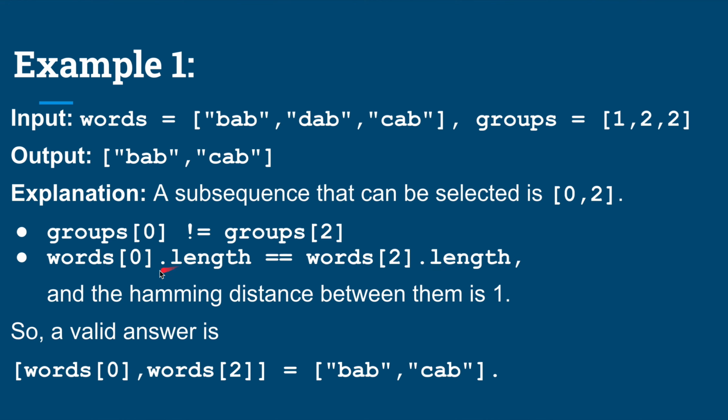Both lengths are equal. And the Hamming distance between them is 1, because here we have BAB, here we have CAB. Here it was B, here it is C, but the rest of the elements are the same. And so the answer is words at 0 and words at 2. You understand the difference, right?